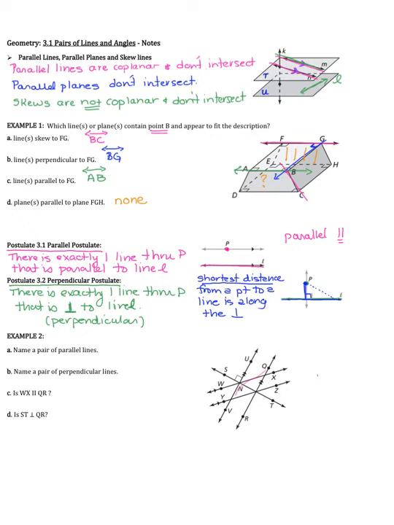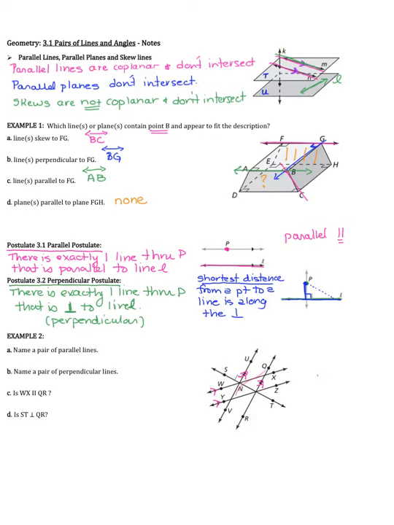So we start off with name a pair of parallel lines. So what we are looking for again are those similar markings, and we can see that you have a single arrow here and we have a double arrow over here, which is a way of showing that you have two different sets of parallel lines.